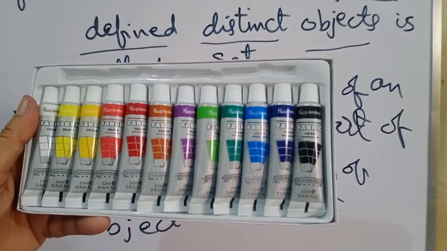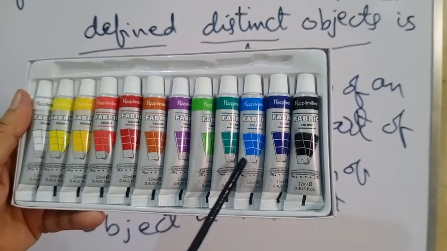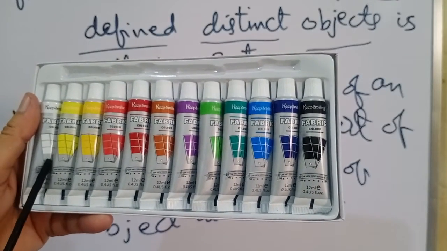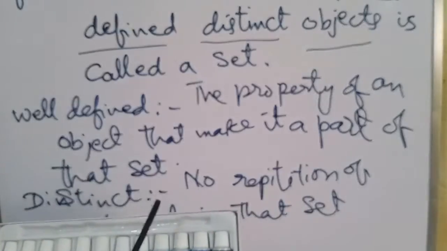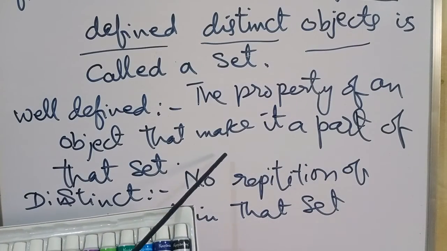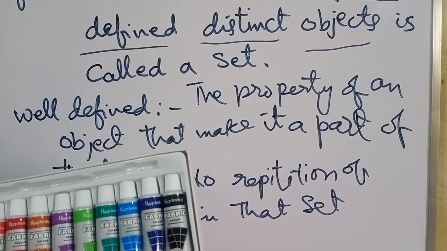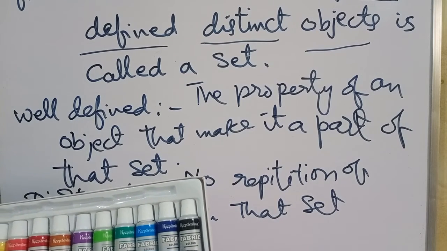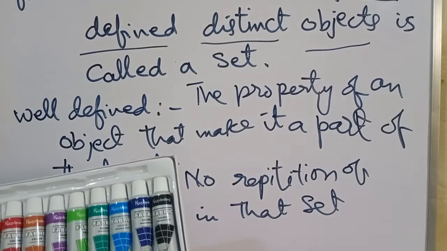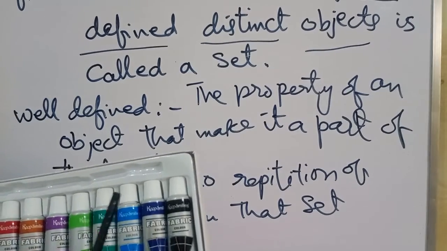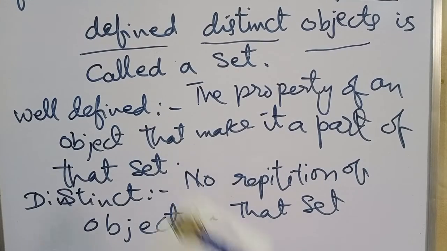You can easily observe that each color occurs only once. It is not repeated. And the same property which makes it a part of this set is the liquid color in the tubes, and the same thing here.